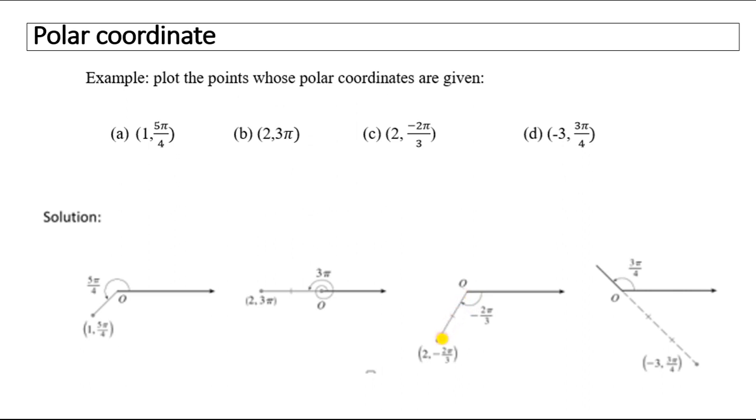This line is theta equals minus 2 pi over 3. Because r is positive, the point P lies on this line. How much? 2 units: 1 unit, 2 units. This is the solution.